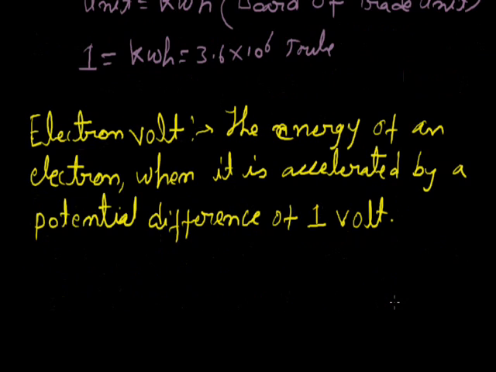Therefore 1 electron volt is equal to 1.6 into 10 to the power minus 19 joule.